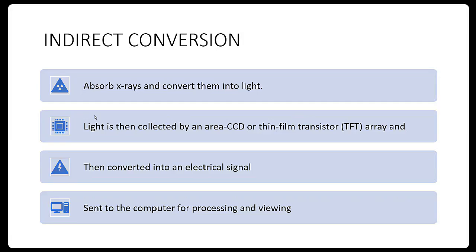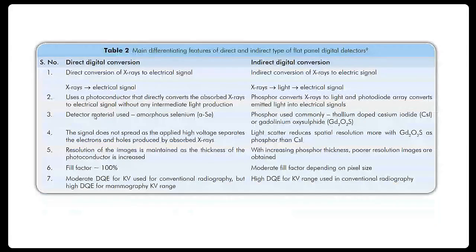Now, let's see some main differences between digital direct conversion and indirect conversion. First difference, the basic steps. In the direct conversion, x-rays are directly converted to electrical signals.